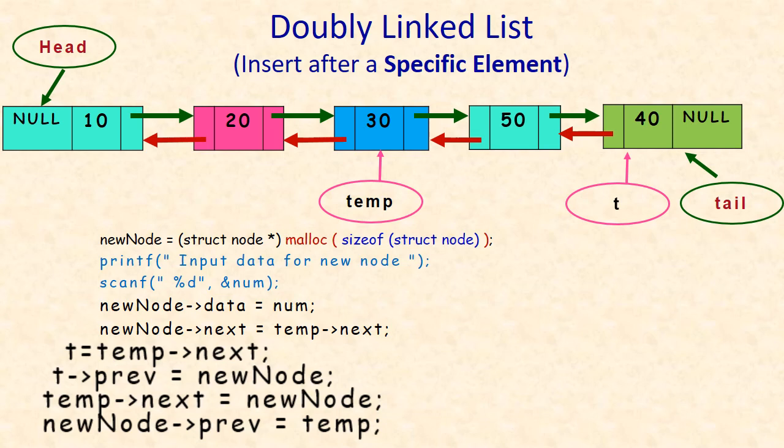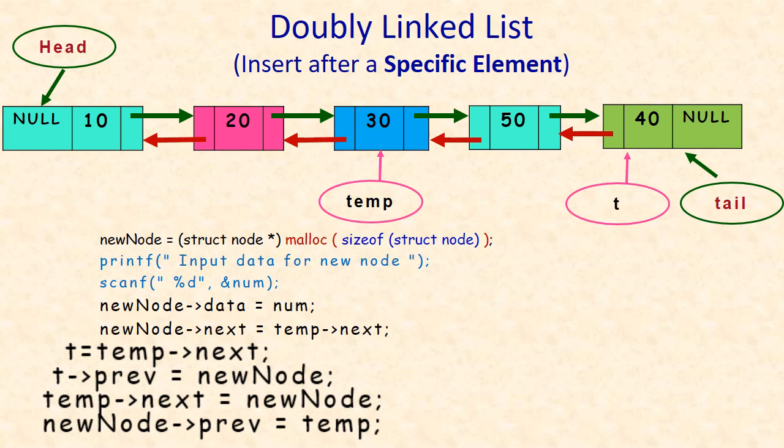In a single linked list, you can only insert an element after a specific element. If you want to insert an element before a specific element, the logical thinking will be a little complicated.